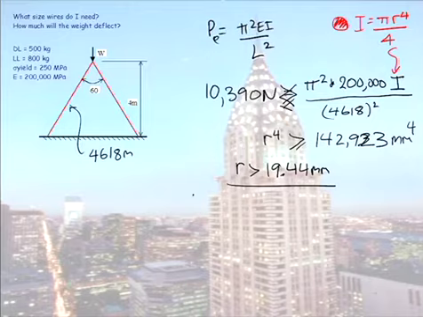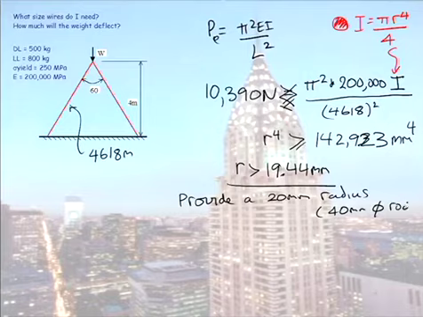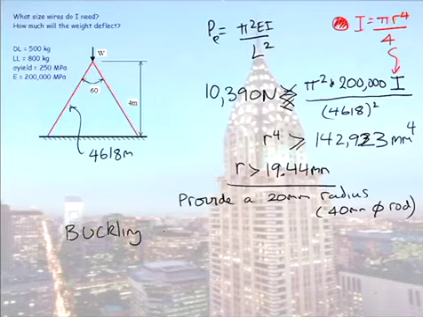So let's now say, okay, let's provide a 20 mil radius, 40 mil diameter rod. So what is the critical failure mode here? Yield or buckling? Buckling. So here, buckling is critical.